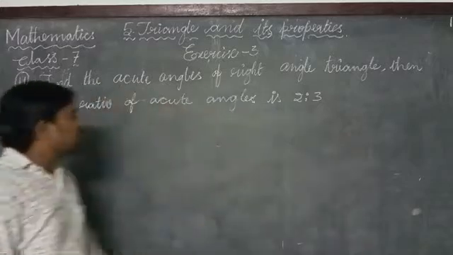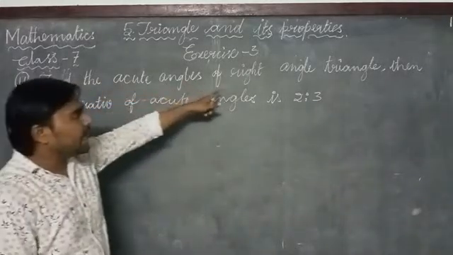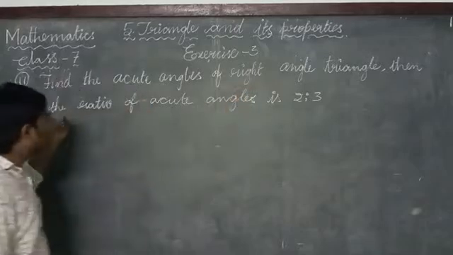Once again, find the acute angles of a right angle triangle, where they have given the ratio of acute angles as 2:3.